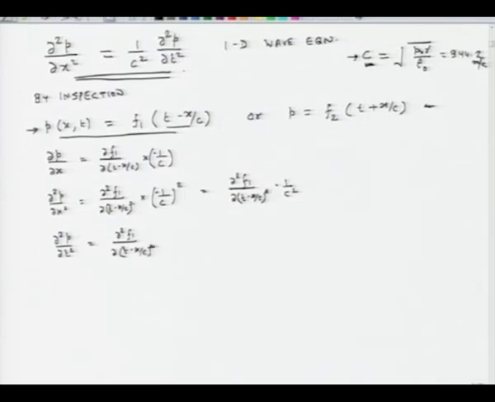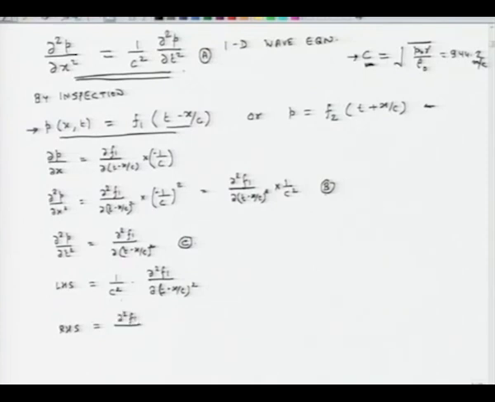Let us call this relation A, this relation B, and the third relation C. Now I will plug B and C back into A, and what I get is that the left hand side of the equation is 1 over c square times del 2 f1 over del t minus x over c square, and the right hand side also comes out to be the same thing.